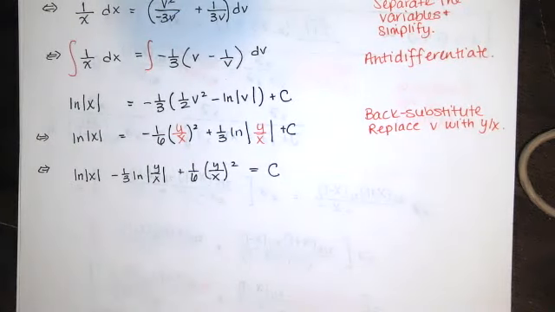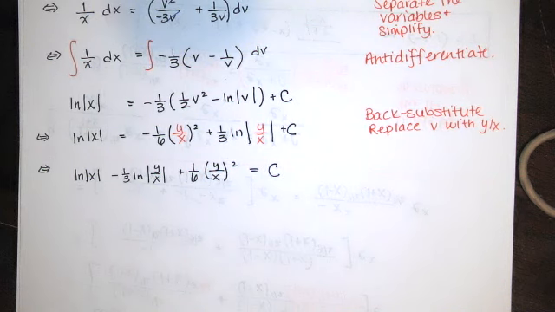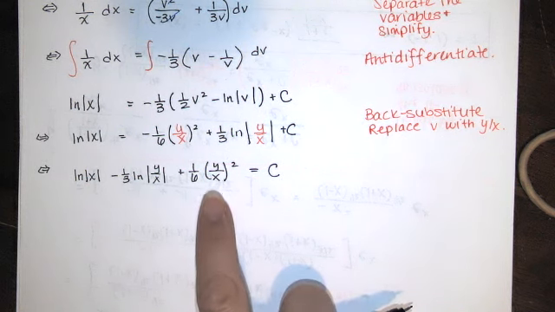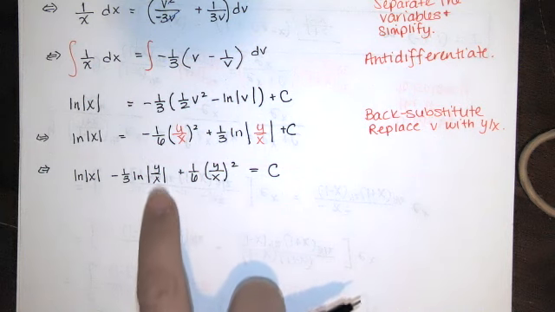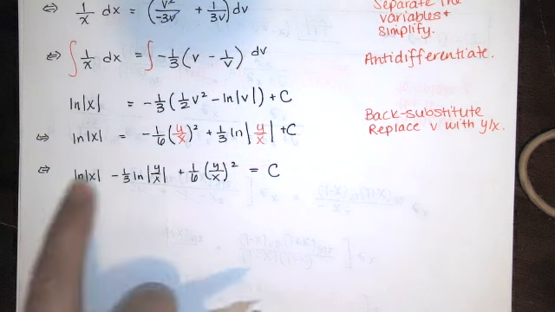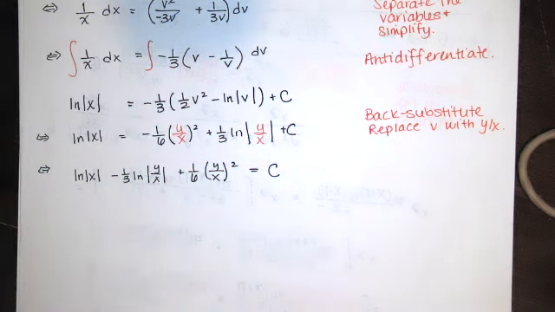If you prefer to get rid of the fractions, you could multiply everything by 6, and you could get rid of the coefficients of 1/3 and 1/6 out front. You could multiply everything by 6x squared if you wanted to get rid of that x squared in the denominator as well. But you can't get rid of that fraction, well, not really, without using some log properties over there.